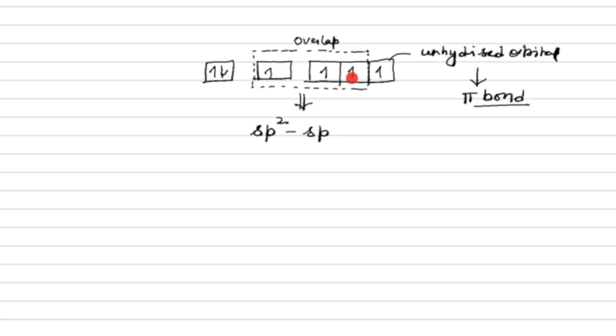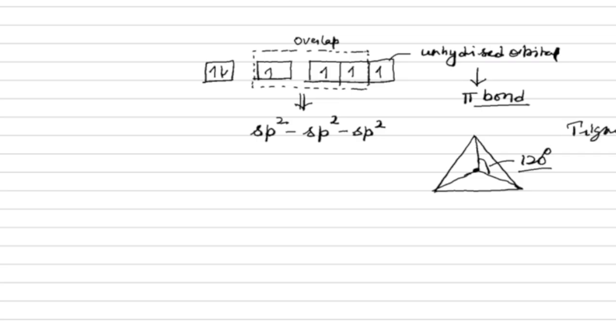If there are three atomic orbitals, they will give us three hybrid orbitals, sp2. So that's why the three sigma bonds give a structure like this, trigonal planar, and this is 120 degrees, right? This is the 3D shape, trigonal planar.